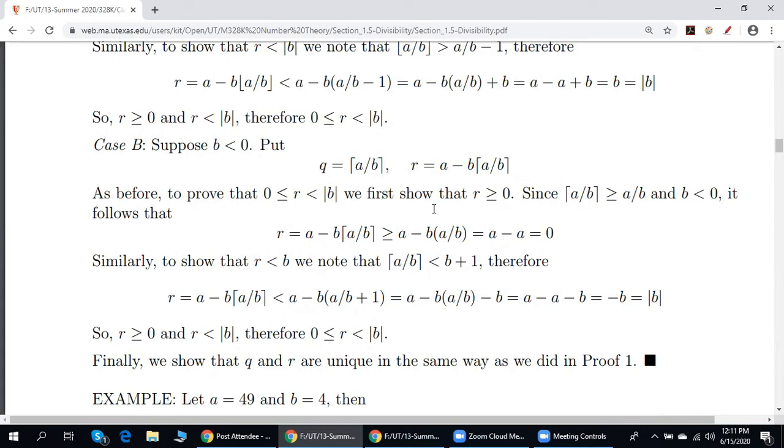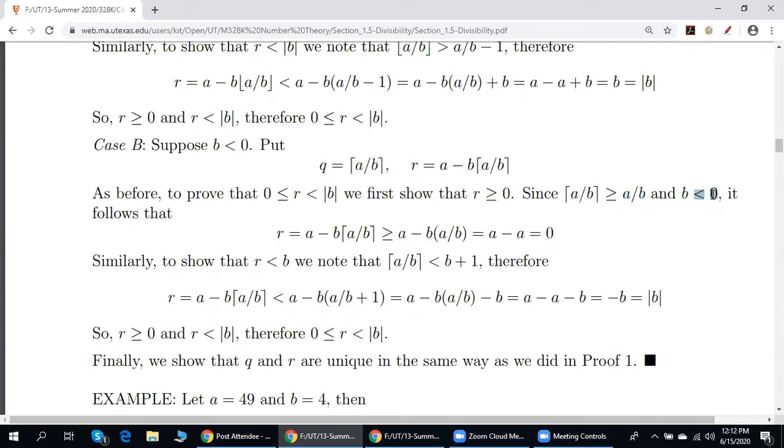Again, as before, let us show that r, which is equal to this, satisfies this double inequality. By the nature of the ceiling function, ceiling of a divided by b is greater or equal to a divided by b, because this is the smallest integer which is greater or equal to a divided by b.